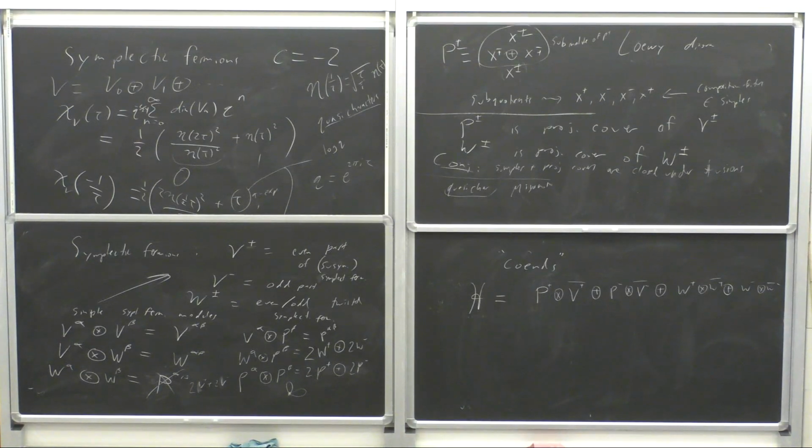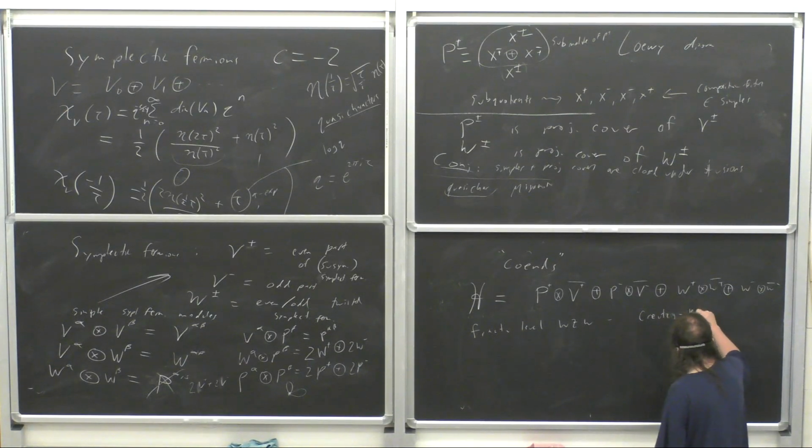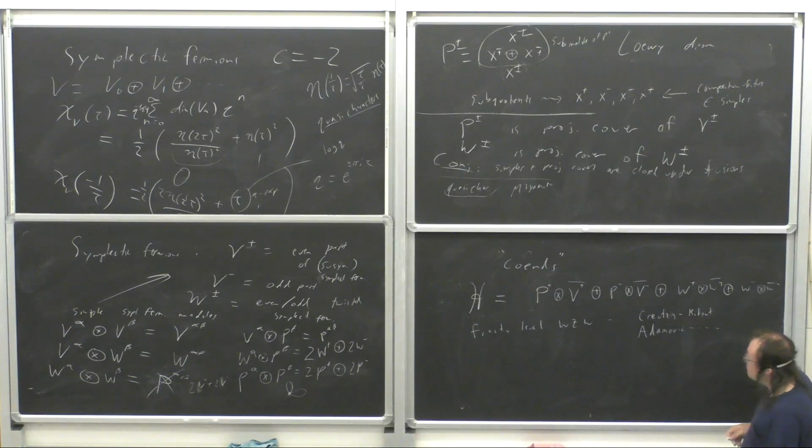Yeah, I should stop there, or I'll start saying things that are stupid. But some of the people that have done work on this, there's a whole pile of people. So David Ridout. So this is fractional level. I think the breakthrough in this happened with a paper more than 10 years ago, by Creutzig and Ridout on the more physical side, and a little bit before that by Adamovic, and probably miscellaneous collaborators on the more math side.